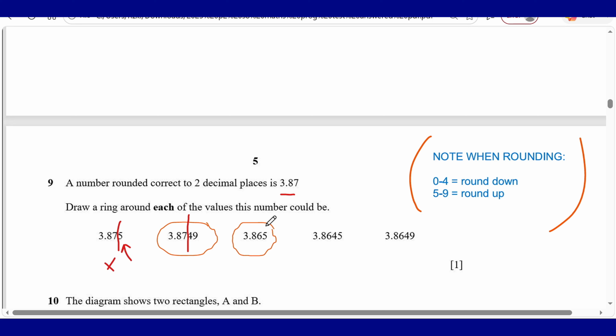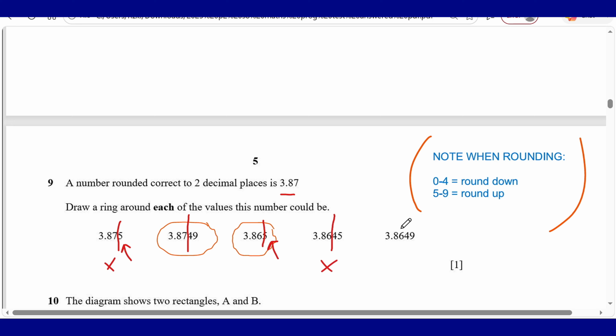While for this one at 2 dp, we stop at 2 decimal places, the next digit is 5, and 5 or more means we have to add 1 to the last digit, so 6 plus 1 is 7, giving 3.87. And this one, if we make a border, 4 is still less than 5, so we ignore it, so this will go to 3.86, so this one is wrong.